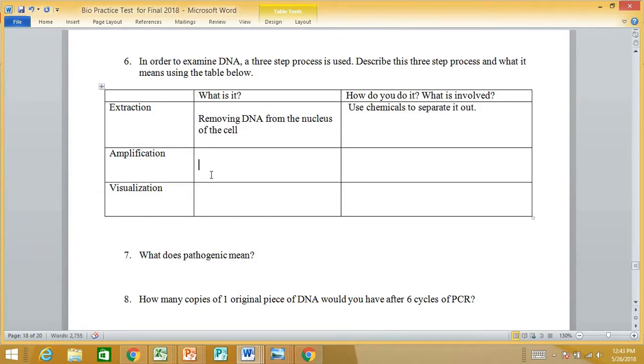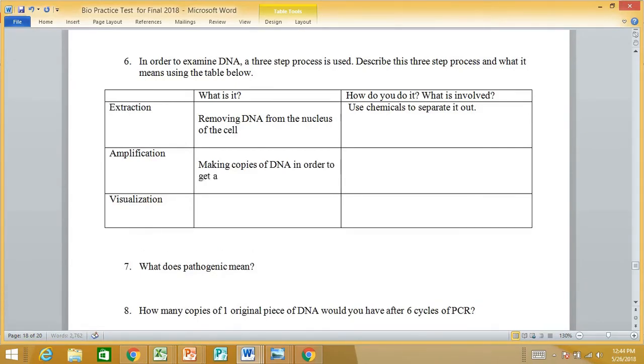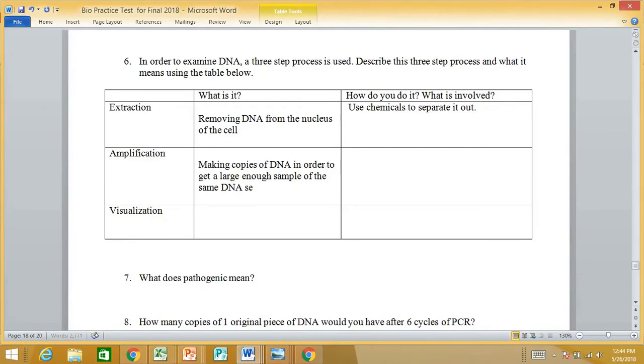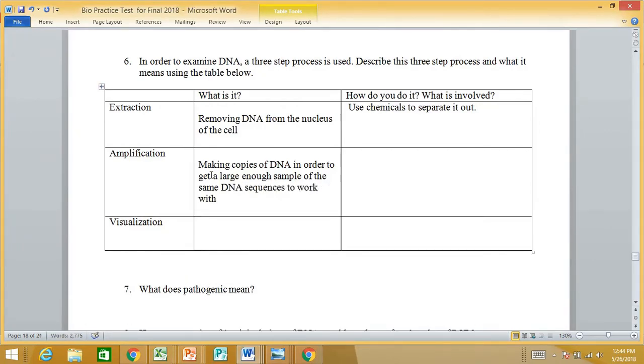Amplification, this is when you are making copies of DNA in order to get a large enough sample of the same DNA sequences to work with. And how do you do it?